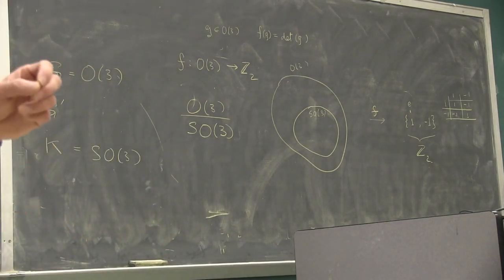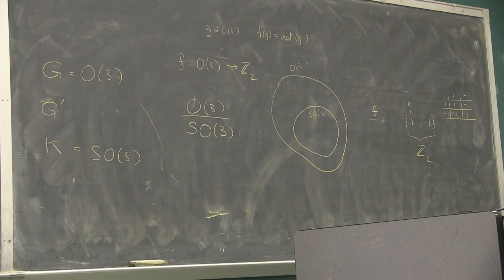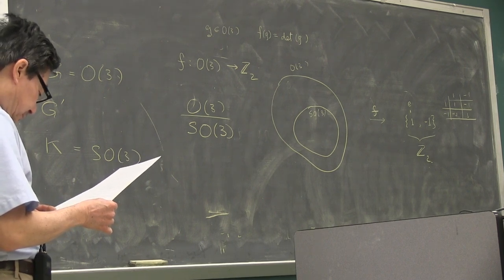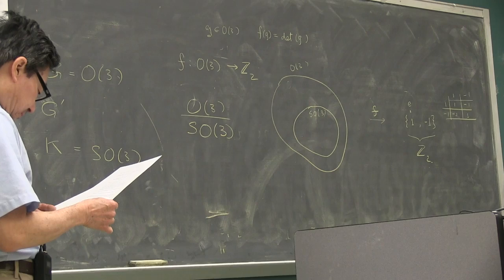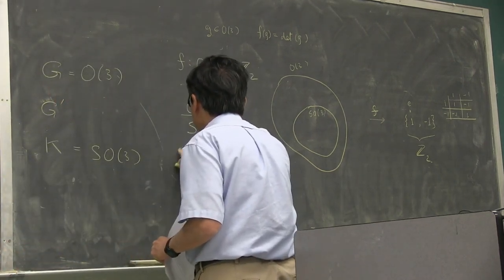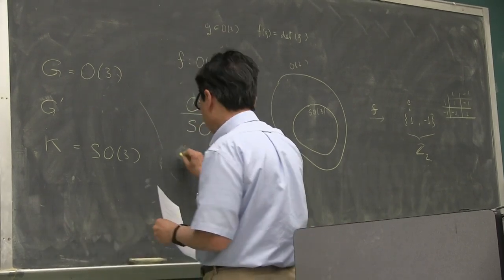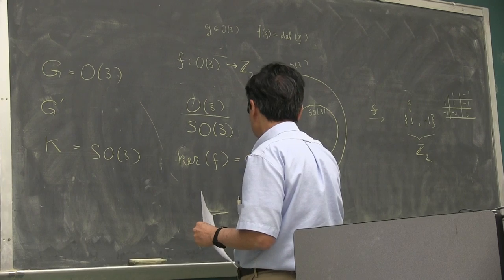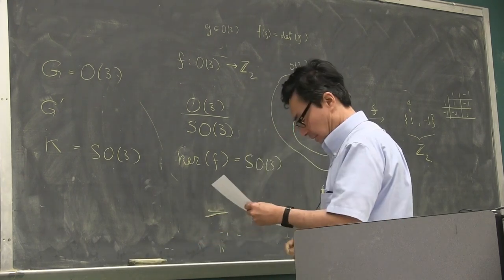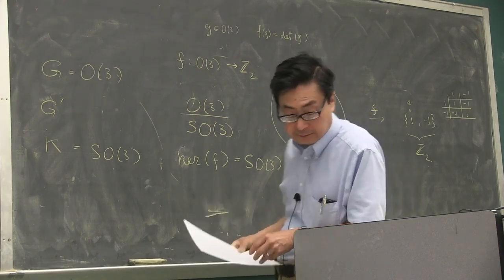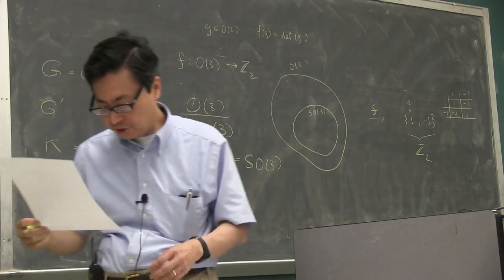Therefore, you can make a quotient group, O3 divided by SO3. So you can write the kernel of the group homomorphism F in this case as just the normal subgroup SO3.